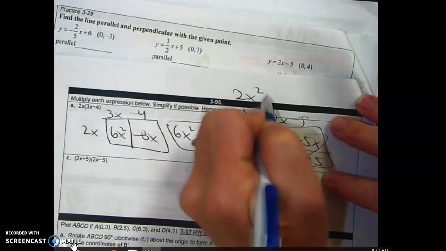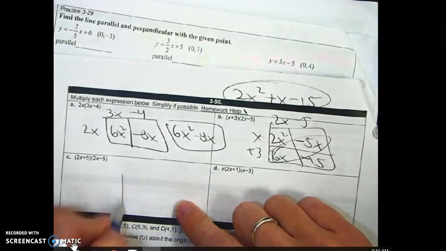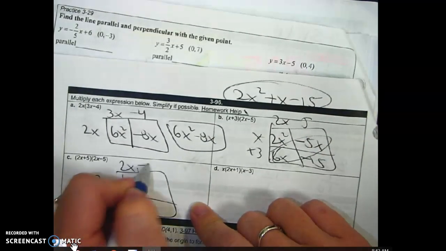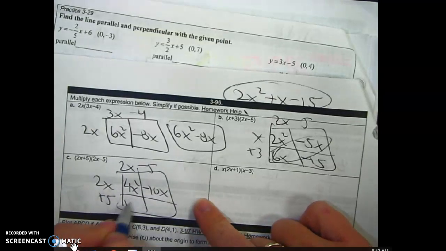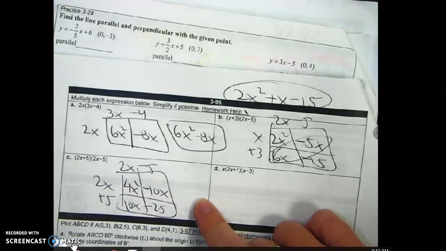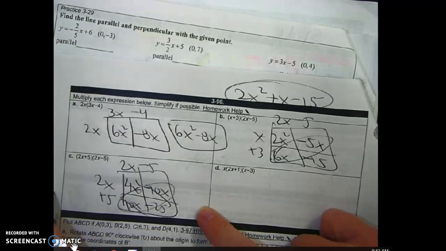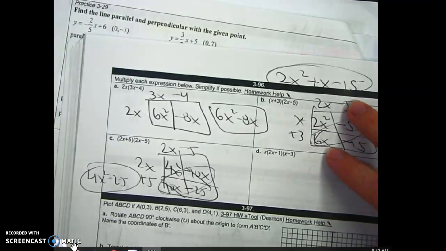I get 2x squared plus x minus 15. Do my box, 2x plus 5, 2x minus 5, 4x squared minus 10x, 10x minus 25. 10 minus 10 is gone, so it's just 4x squared minus 25.